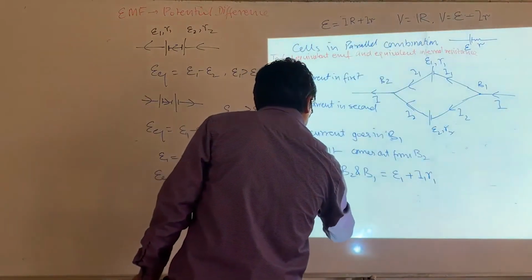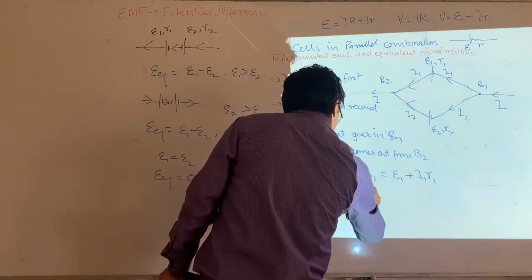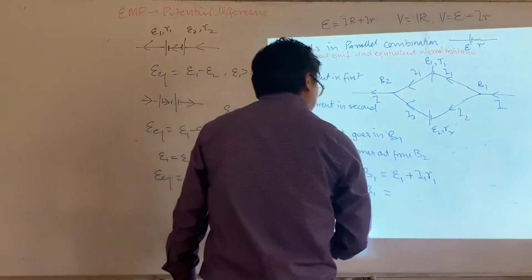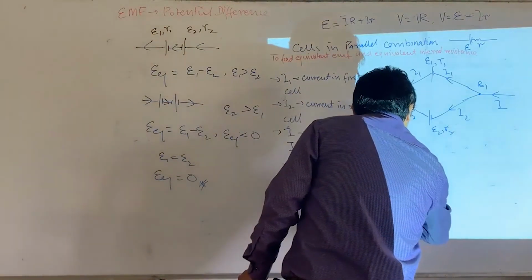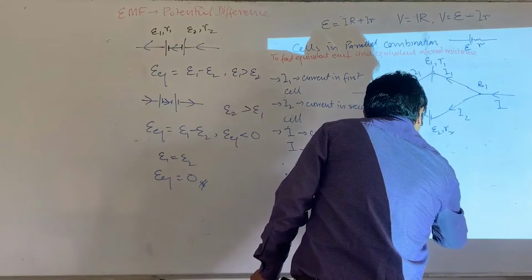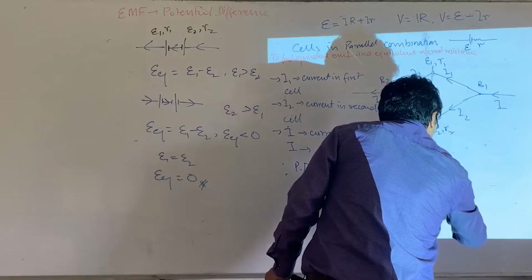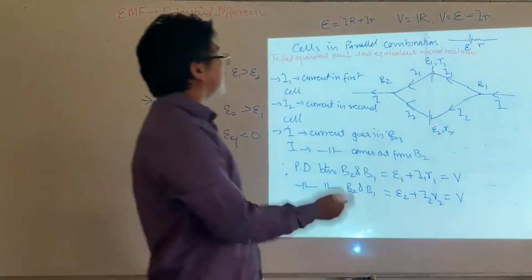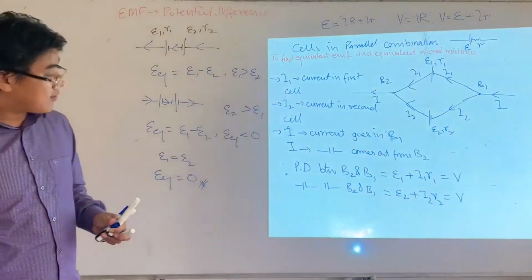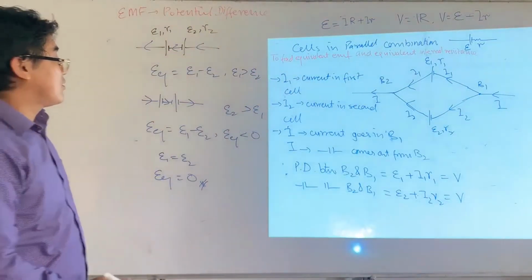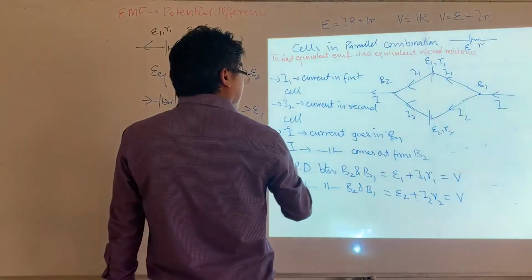Again, the potential difference between B2 and B1 is going to be E2 plus I2 R2, and both potentials are, let's say, V, the same potential. Why? Because these are parallel connections.